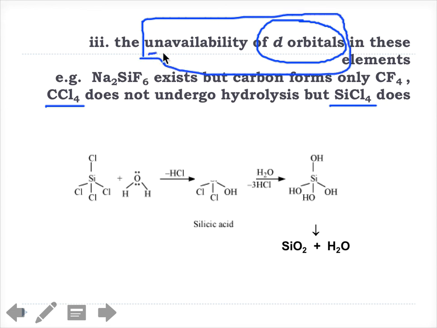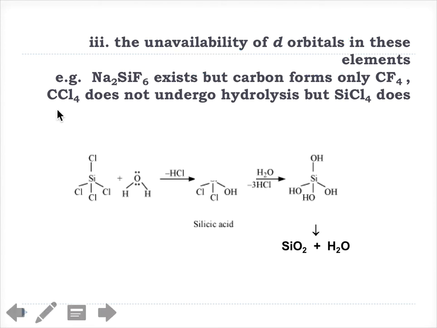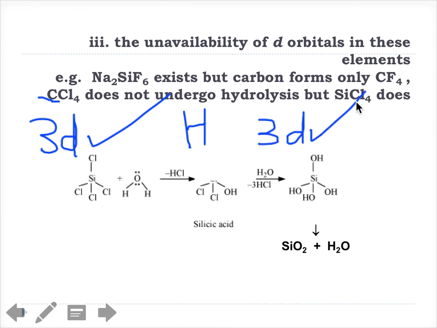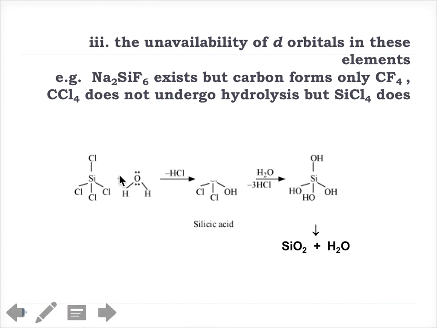I said unavailability. At the beginning of this lecture, I said this means that they are energetically inaccessible. So does carbon have 3d orbitals? Yes, it does. Does hydrogen have 3d orbitals? Yes, it does. It's just that they are too energetically inaccessible because of their super high energy.